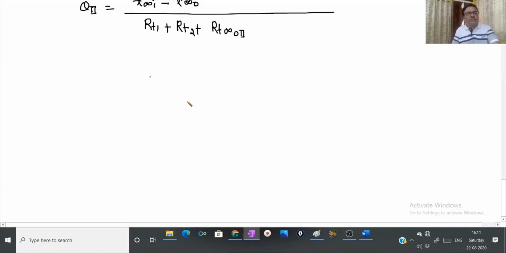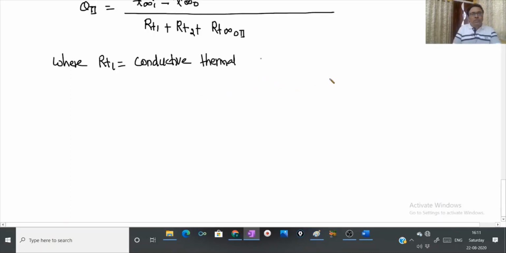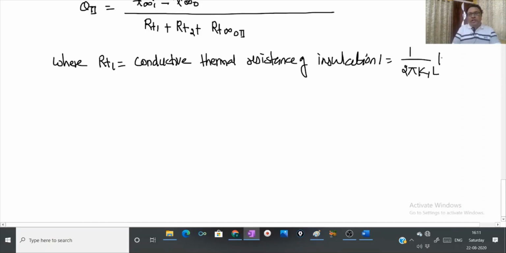Now once again, RT1 is the conductive thermal resistance of insulation 1, and it can be calculated as 1 over 2 pi K1 L log of R2 over R1.